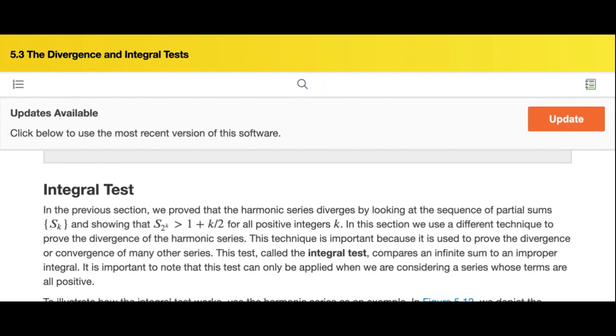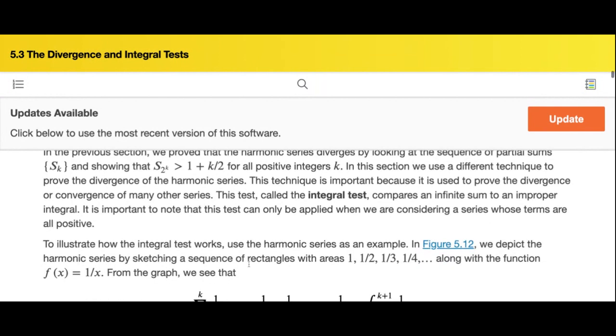We showed the harmonic series diverges by looking at the sequence of partial sums Sk and showing that the partial sum S2k is greater than 1 plus k over 2 for all positive integers k. In this section, we use a different technique to prove the divergence of the harmonic series. This technique is important because it's used to prove divergence or convergence of many other series.